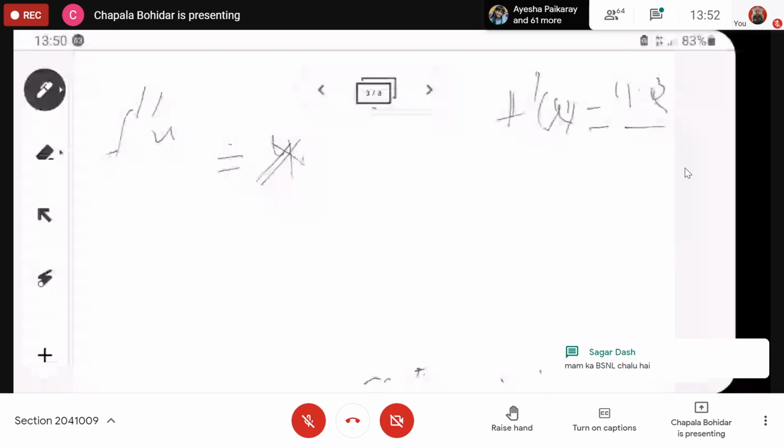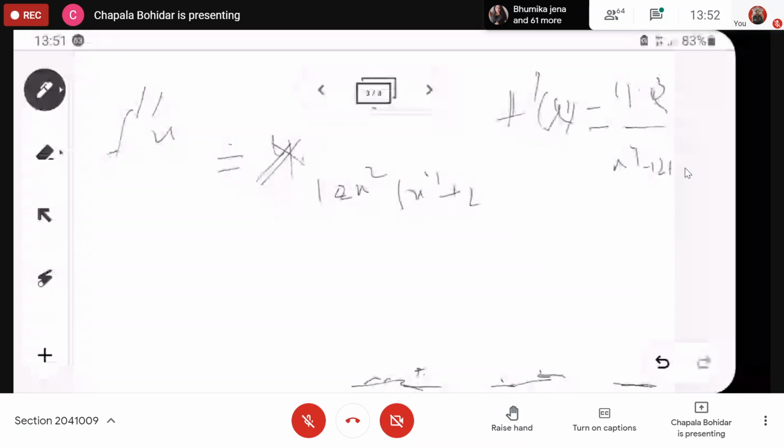Condition. So now f double dash is twelve x square into x to the power 4, so 4x square, simplify.